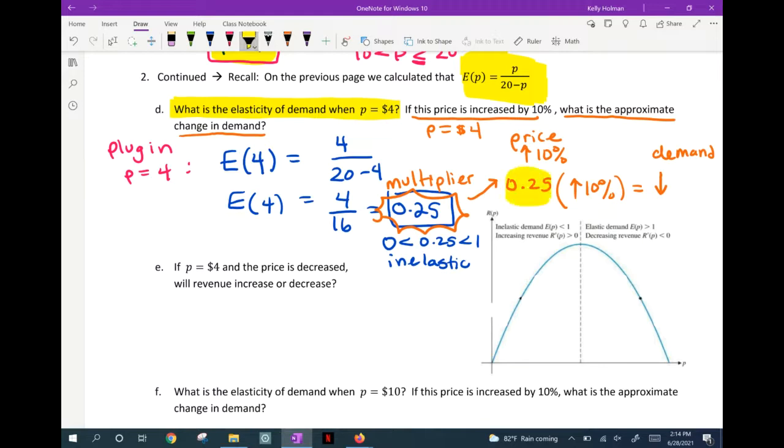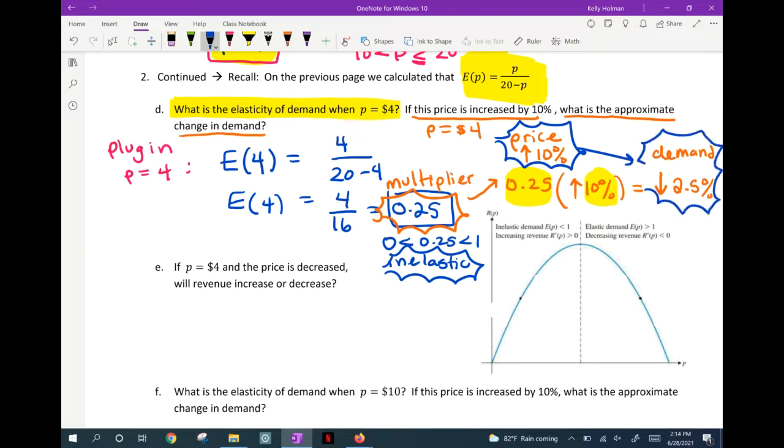When I multiply my multiplier times 10%, that's going to give me 2.5%. That's what makes it inelastic. A 10% change in price caused a smaller change in demand. A 10% price increase, but only a 2.5% demand decrease. A small change in demand.